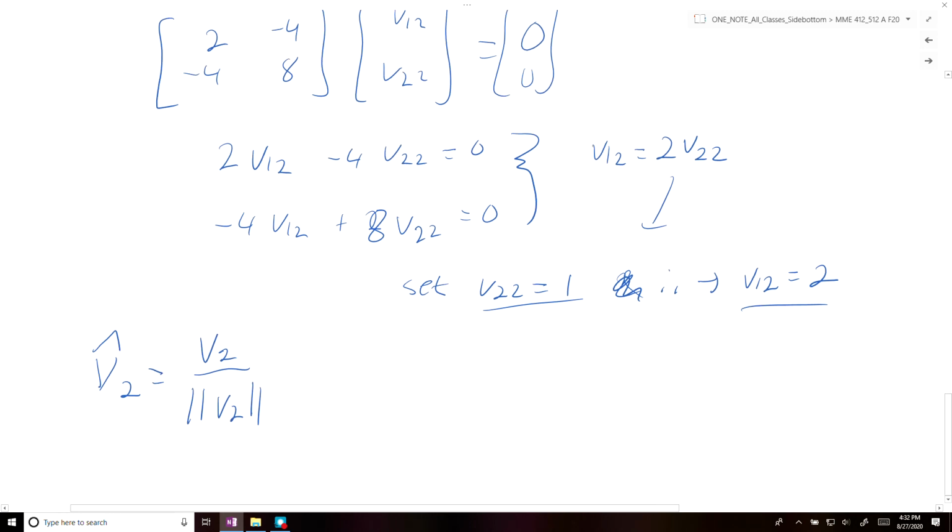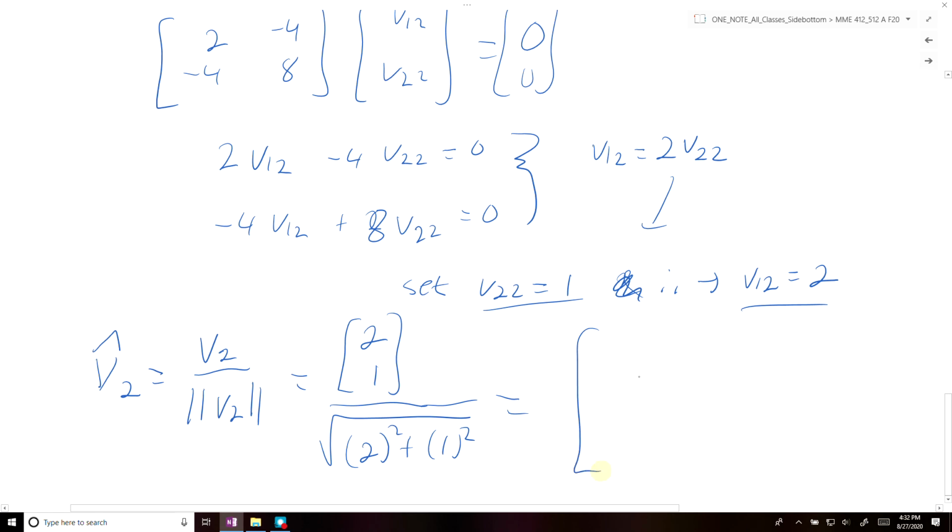Our vector v2 is equal to 2 in the first row, 1 on the second row. The magnitude of this would again be 2 squared plus 1 squared, which again would be radical 5. So our eigenvector v hat 2 would be equal to 2 divided by radical 5 and 1 divided by radical 5.